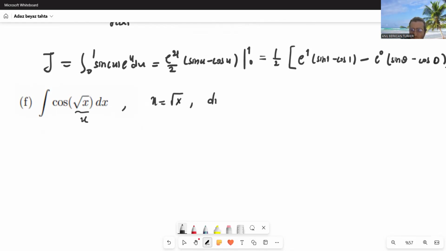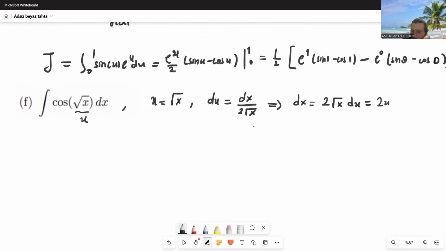Take derivative of both sides. You get dx over 2 square root of x. I want to calculate the dx in terms of only u, so dx becomes 2 square root of x du. Instead of square root of x, I'm just going to put u.